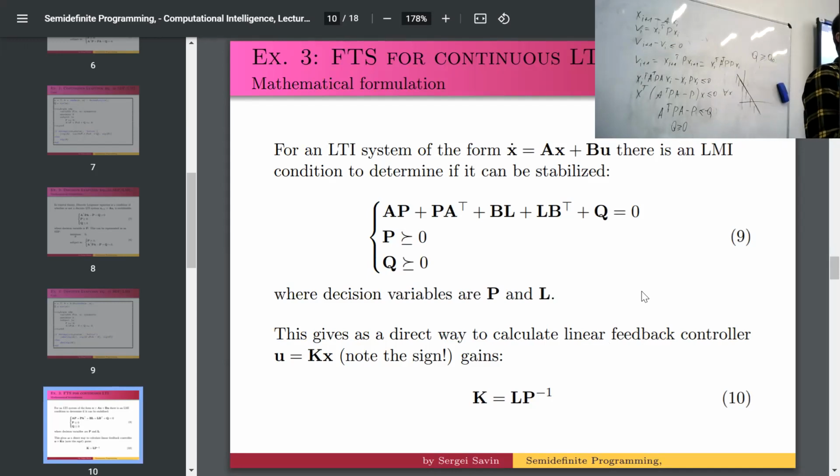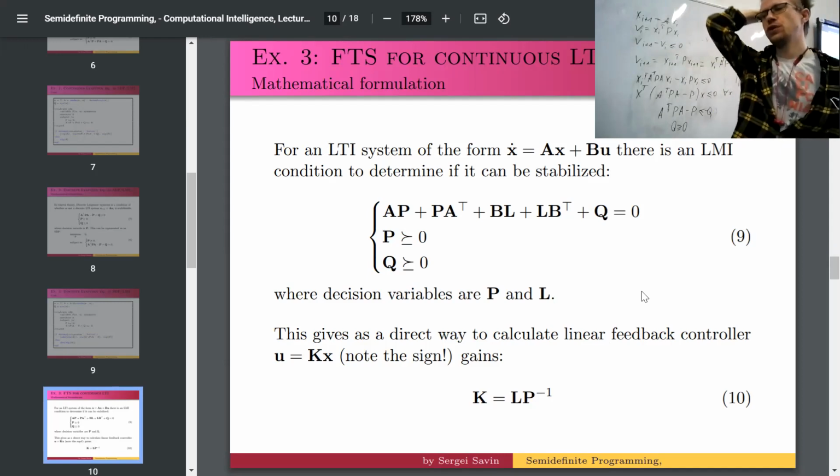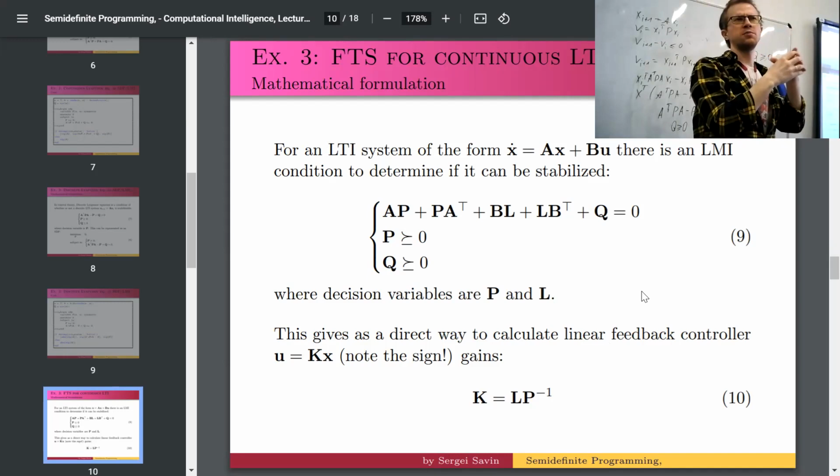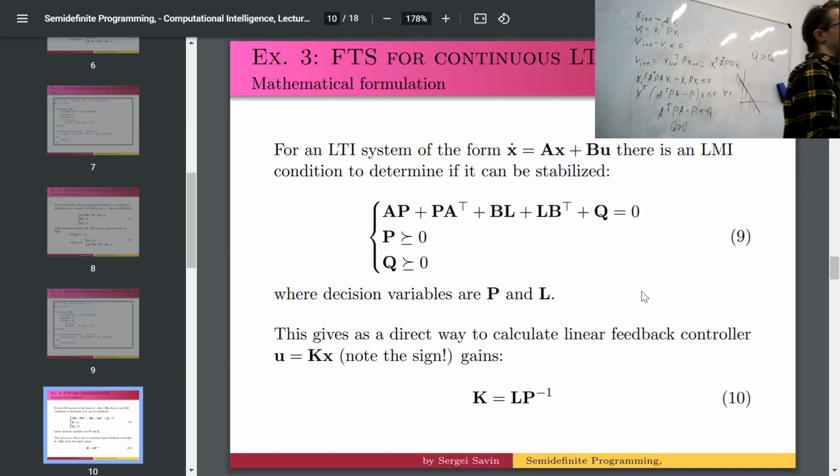Basically, it says, let's say you want to go from point A to point B. Your initial position is approximately known. You know that you are inside some set. Let's say an ellipsoid.